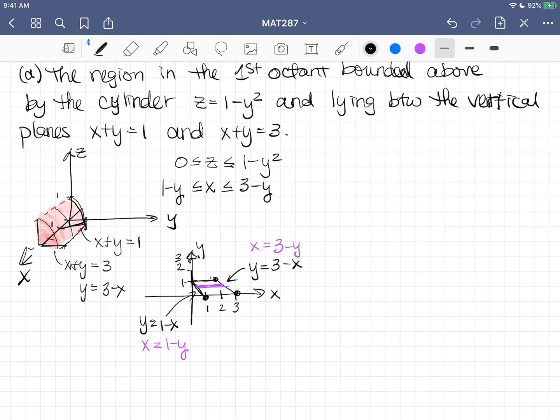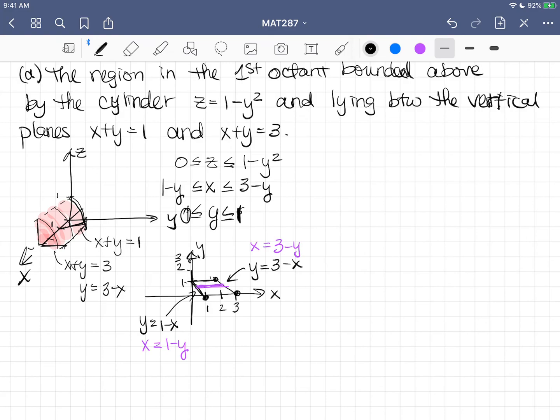And now finally I want to think about my bounds on y. If I take these as horizontally simple slices, I'm going from y equals 0 up to y equals 1. So 1 to 0. Sorry, 0 to 1.